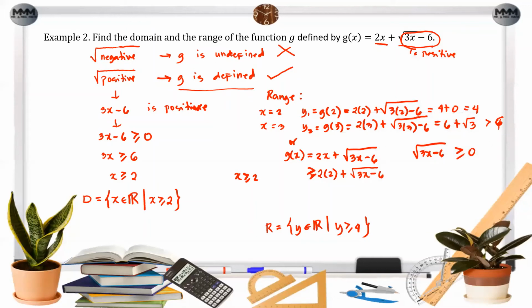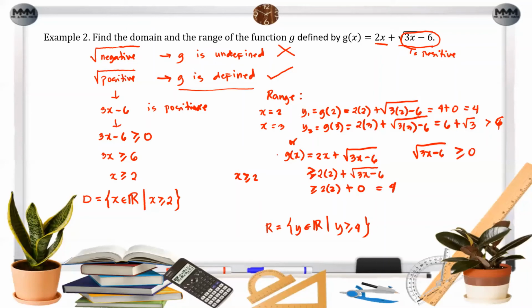What is inside is positive. The square root of 0 is 0, the square root of 1 is greater than 0, and so on. So if you replace it here with 0, we have 2 times 2 plus 0, and this is greater than or equal to 4.